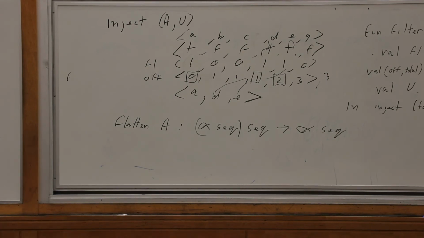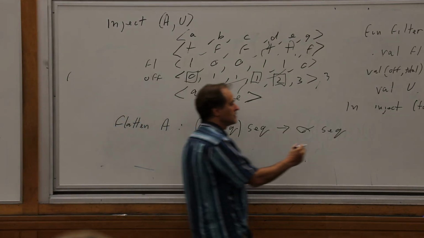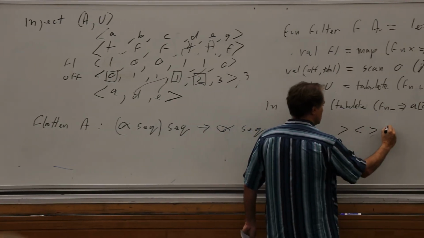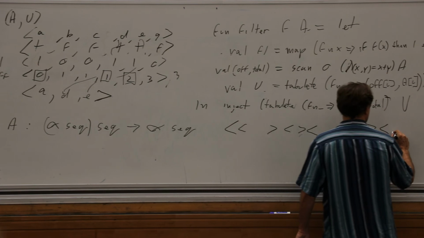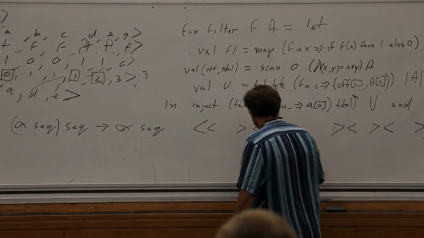What it does is it takes a sequence of sequences and flattens it into a sequence. So if I have some sequences, and each subsequence might be different lengths, it outputs the same elements.